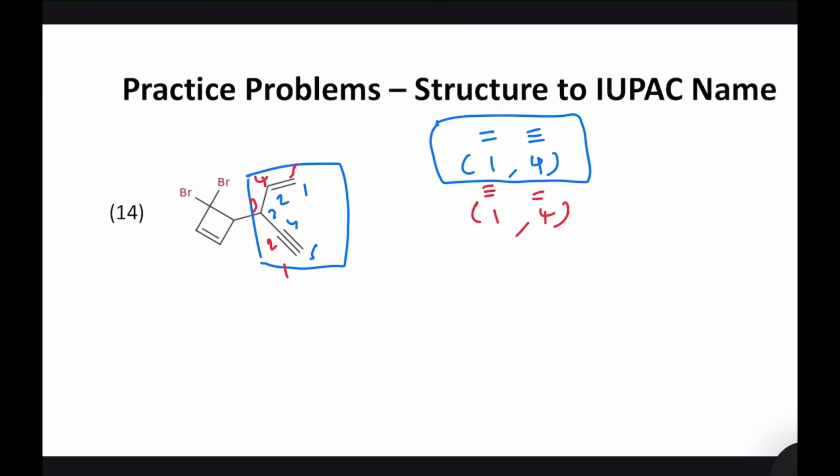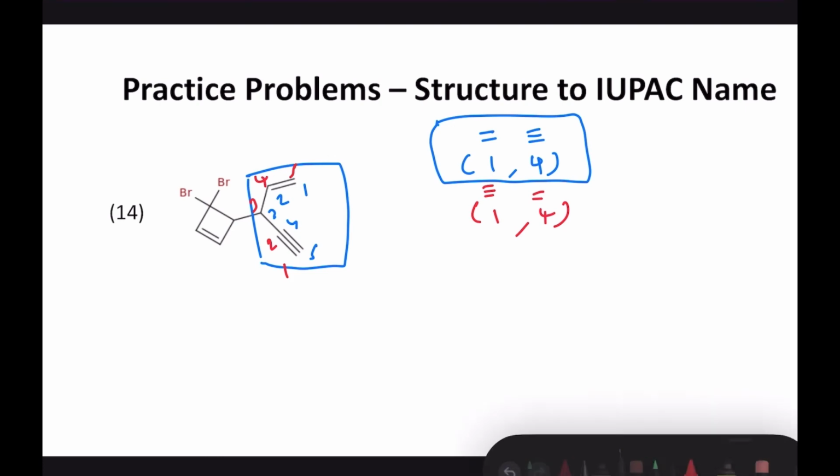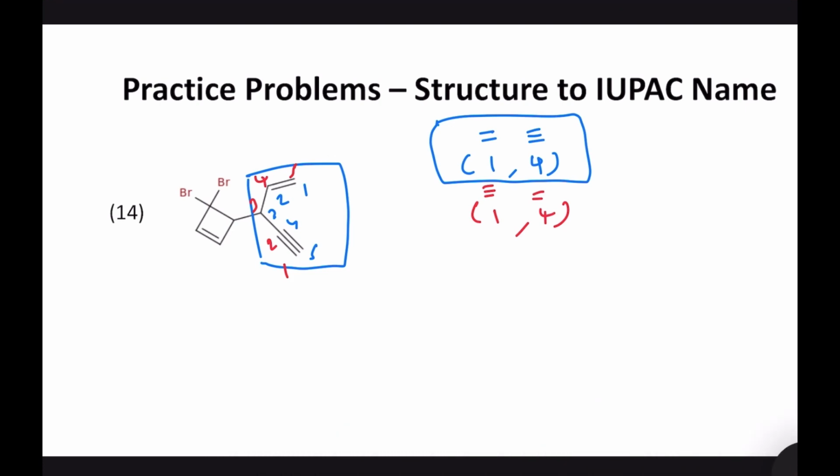So let's do the numbering for that one too. So if we do the numbering for the complex substituent, 1, 2, 3, 4. Here we need to give preference to the double bond once again.